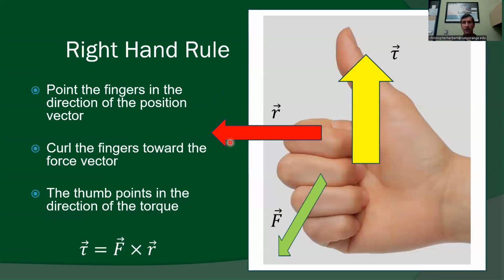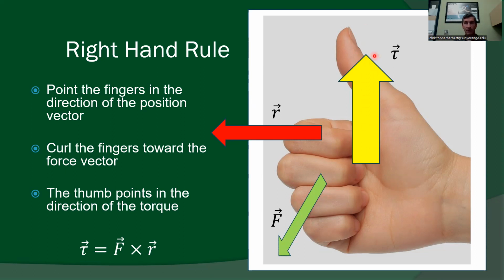Now, if I use the right-hand rule for the cross product, I take my right hand, and since I'm mirrored here, it's going to look like I'm putting up my left hand. I move my fingers initially in the direction of the r vector, then rotate them in the direction of the F vector, and my thumb points in the direction of torque.